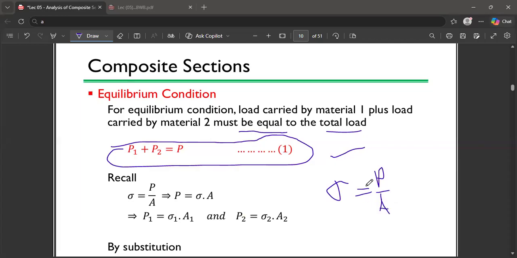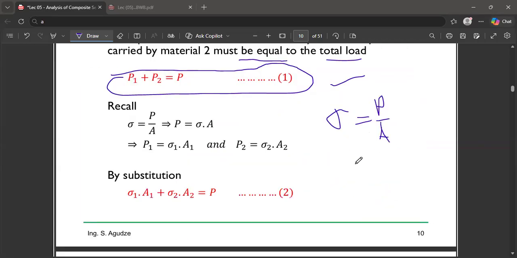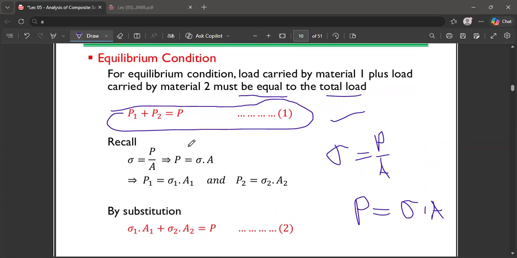So if you make P the subject, you get stress times area. Your formula to get the load is equal to stress times area, and that is what has been put over here.